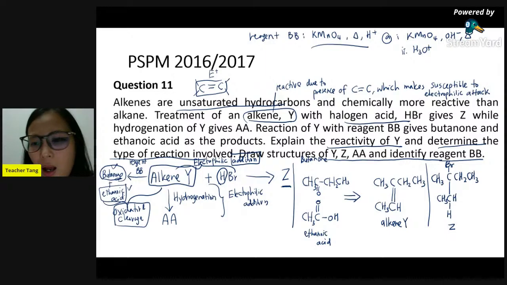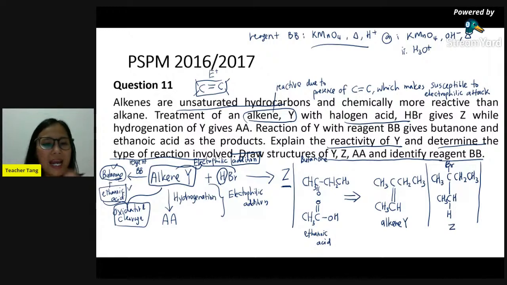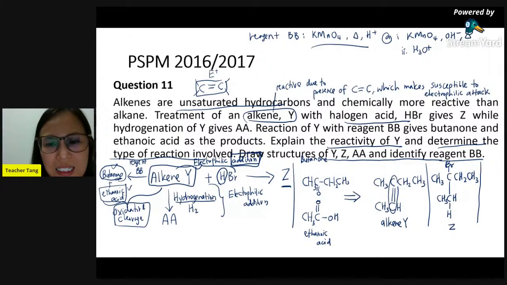Then how about your AA? So AA, hydrogenation. Hydrogenation, the electrophile is H2, hydrogen. So again, this is electrophilic addition. So kalau electrophilic addition, double bond will become single bond. Tapi rangka masih sama. Kita saling je.